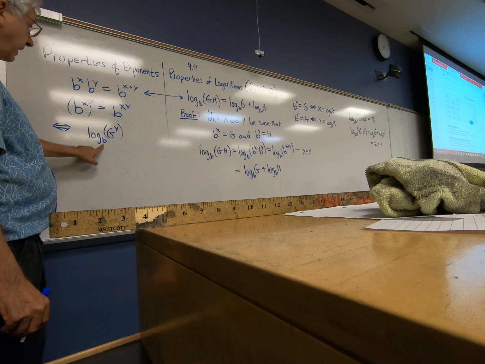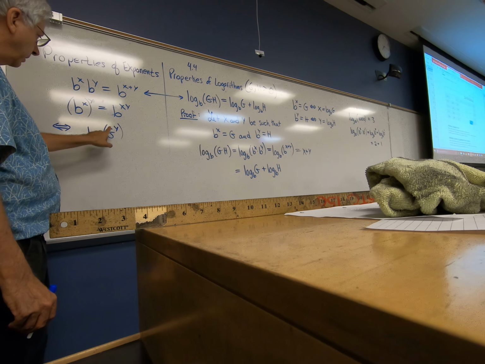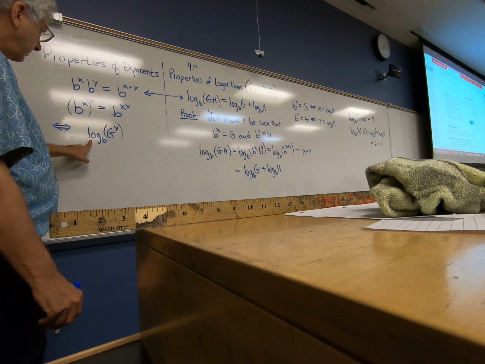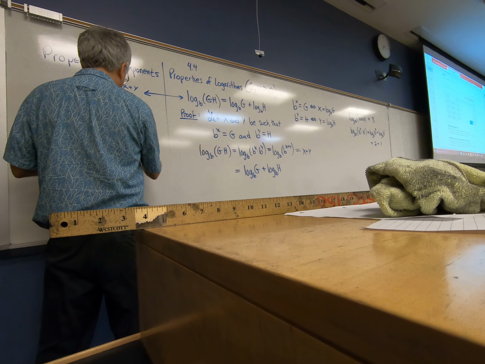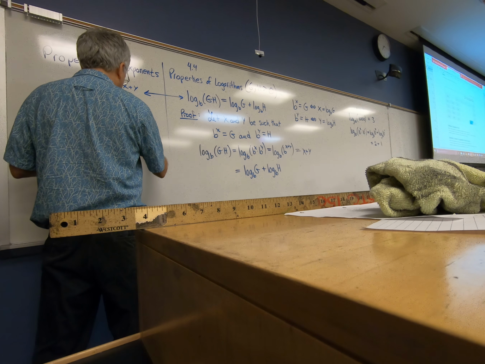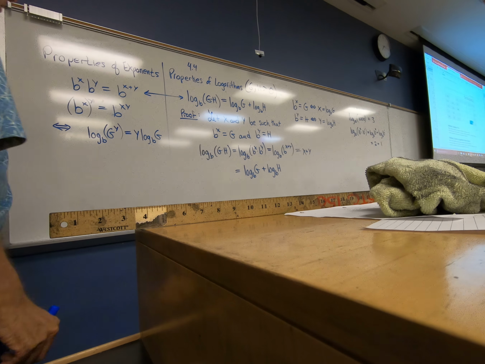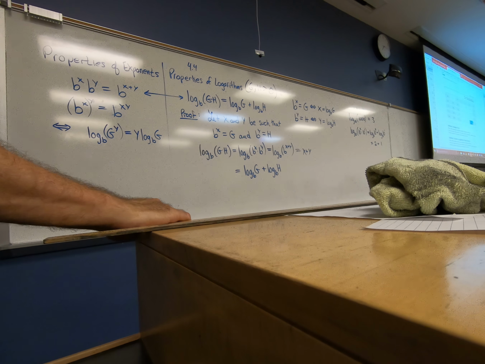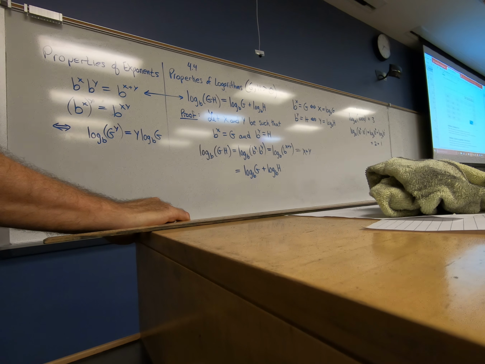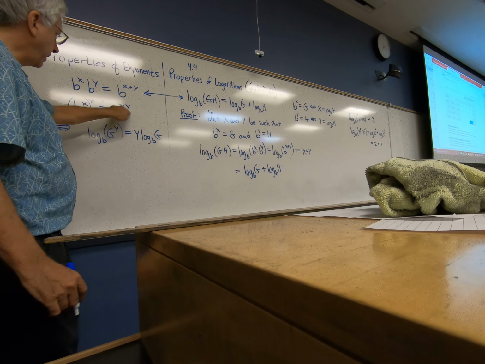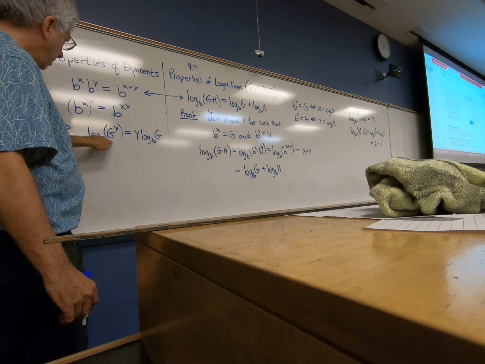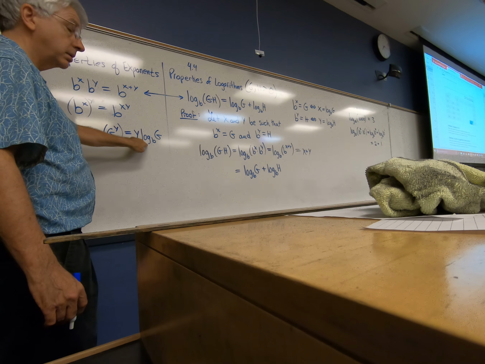That's the order of operation. So first the exponent Y, then the log. And it turns out that's exactly equivalent to saying Y times log to base B of G. So power to the power is the product of the powers. So here we see if we take a log of a power, that's the product.